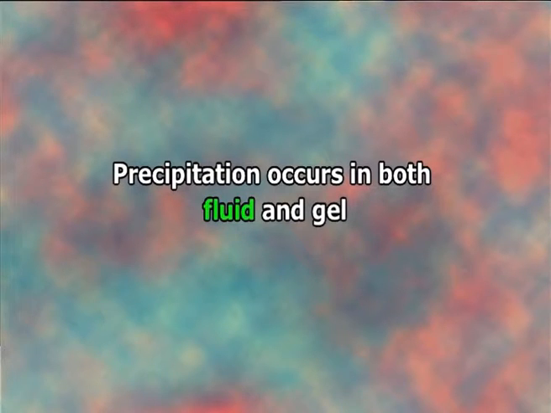Precipitation in fluid. A quantitative precipitation reaction can be performed by placing a constant amount of antibody in a series of tubes and adding increasing amounts of antigen to the tubes. After the precipitation forms, each tube is centrifuged to pellet the precipitate, the supernatant is poured off and the amount of precipitate is measured.